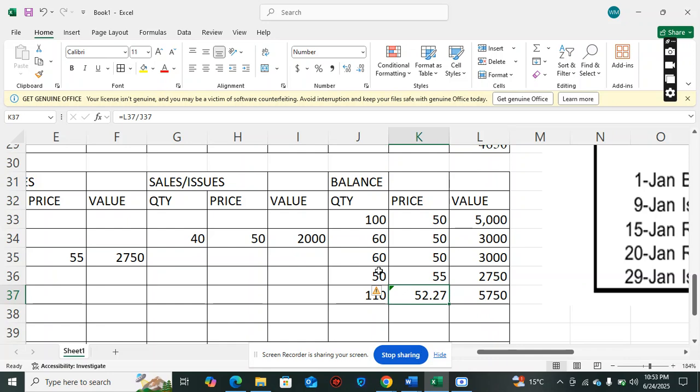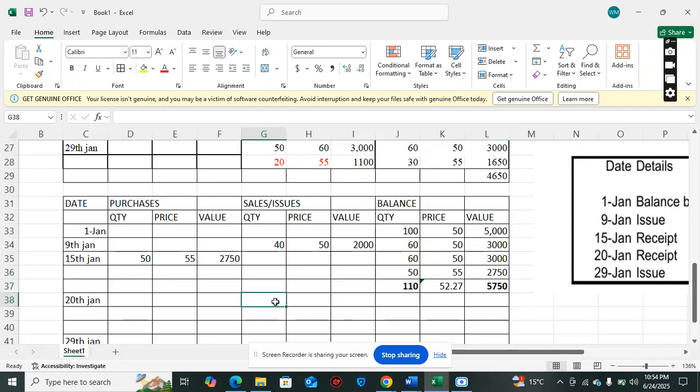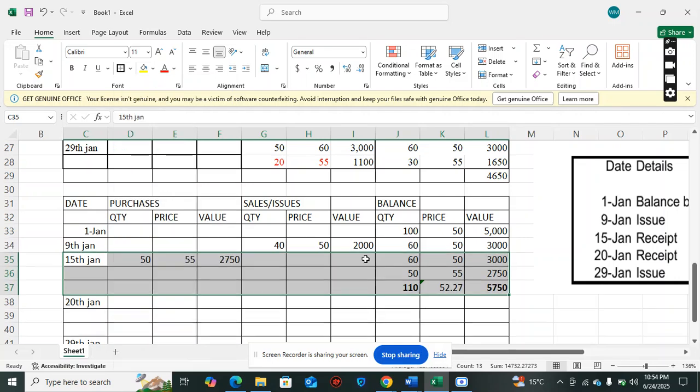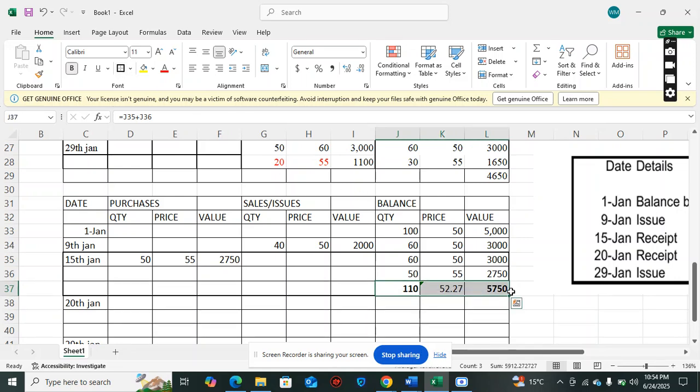Any questions? Yes. No need to calculate the average cost when you issue out. And when you're issuing out, this is the amount you use, this 52.27.